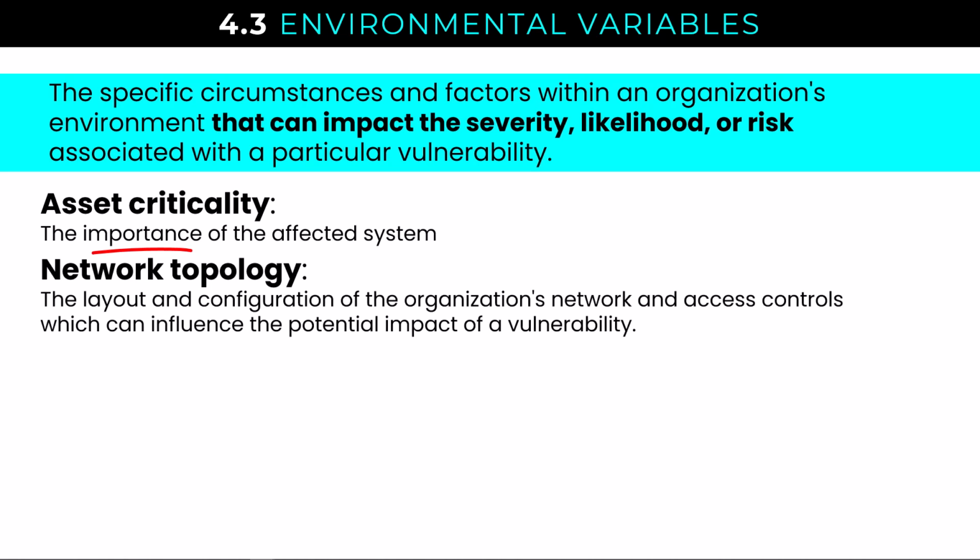The network topology can factor, so the layout and configuration of the organization's network and access controls, which can influence the potential impact of a vulnerability. If a system is isolated to a specific network segment, if it's not connected to the public internet, then the impact is going to be much different than a public-facing internet-connected system.